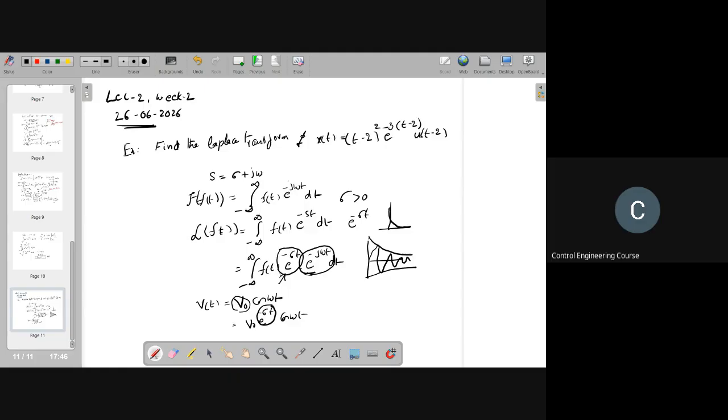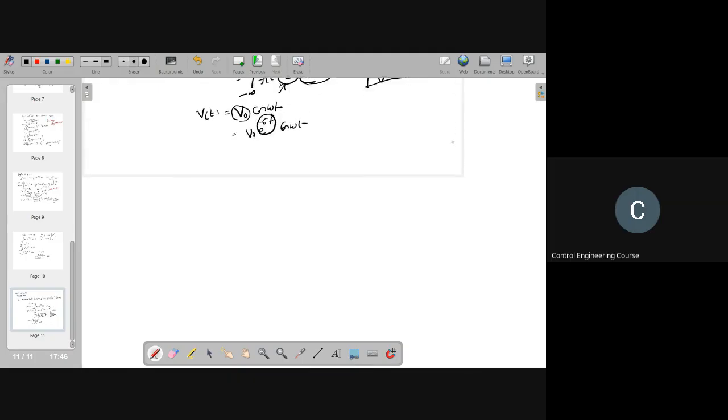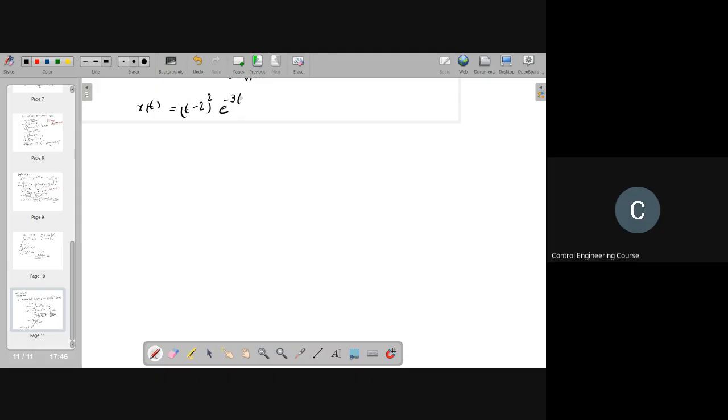Now let's go to our problem, finding the Laplace transform of the function x of t equal to (t minus 2) whole square e to the power of minus 3 into (t minus 2) u of t minus 2, right?